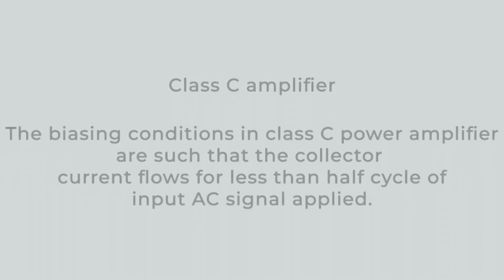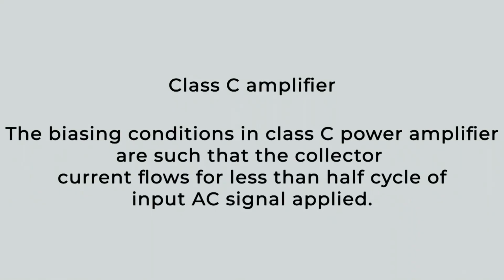The Q point is set or biased at the cutoff point and its power efficiency is about 78.5%. Class C amplifier.